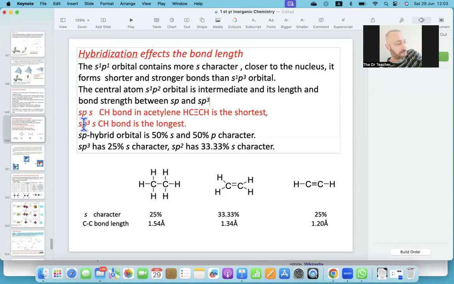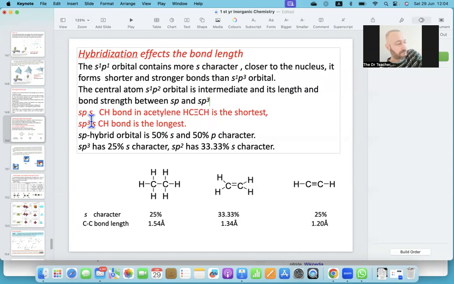So sp, the SCH bond in acetylene. Now look at this. We have two central atoms, sp for each carbon. In acetylene, the sp-S bond is the shortest.